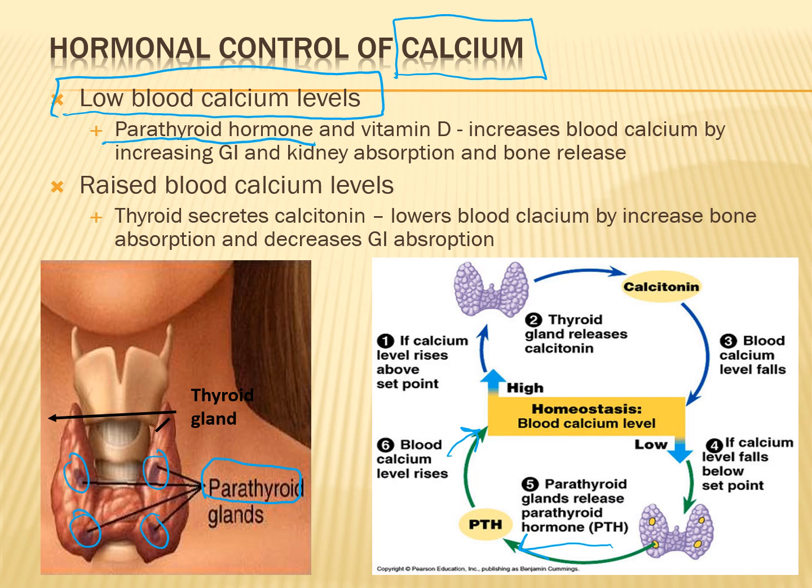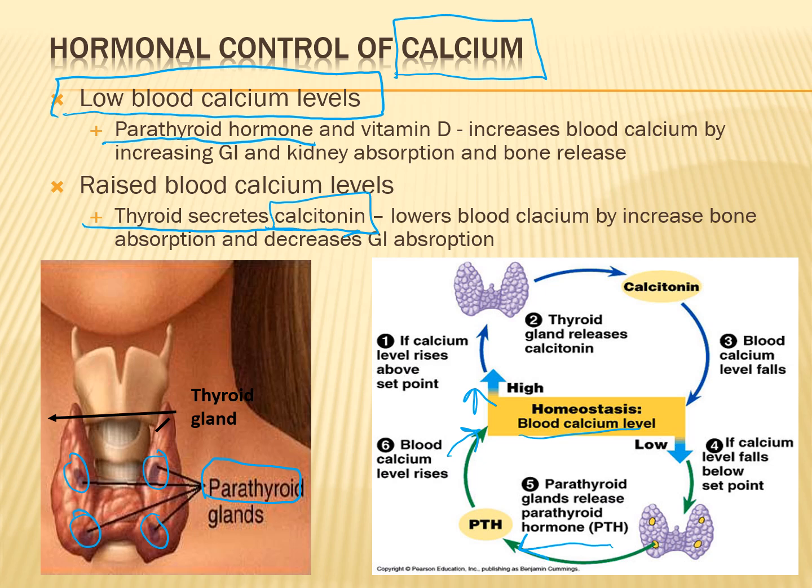If on the other condition, your blood calcium level increases and is too high, a different hormone is released, and this one is made also in the thyroid gland, called calcitonin. Calcitonin does the opposite of parathyroid hormone.